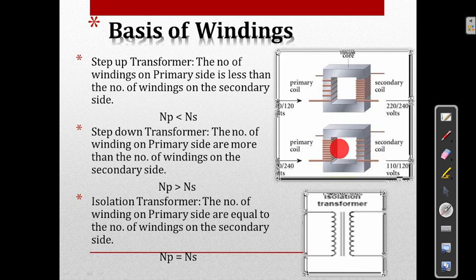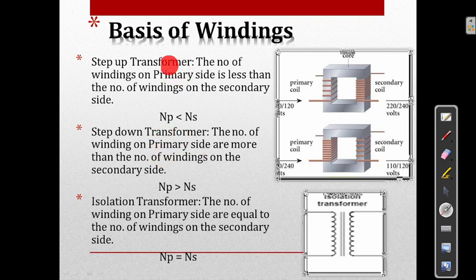You can see the coils over here. Here the coils are more, here there are fewer. So the secondary coil is lesser than the primary coil. The primary coil has a greater number. This is called a step down transformer.